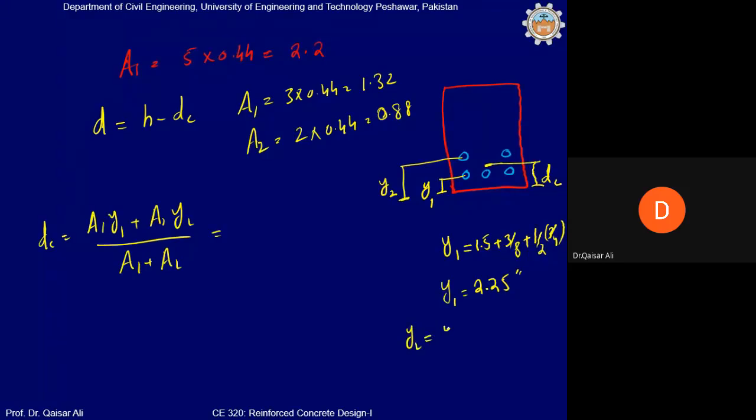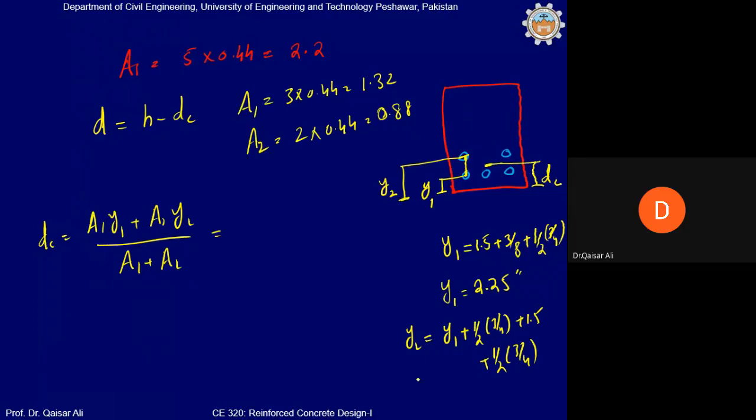Y2 will be equal to y1 plus half dia of this bar, plus clear distance between these two bars, which is 1.5, and then half dia of this bar, which is again 3 by 4.